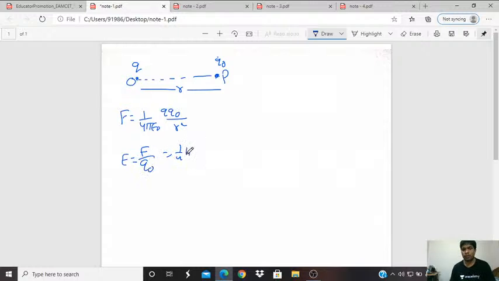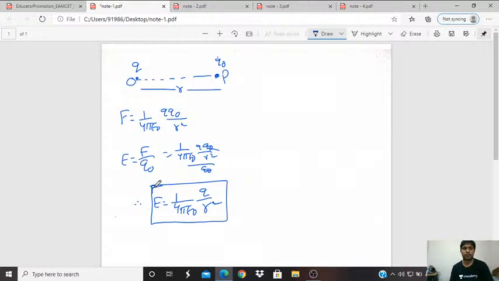So 1 by 4 pi epsilon naught q q naught by r square by q naught. So the electric field due to a point charge is 1 by 4 pi epsilon naught q by r square.